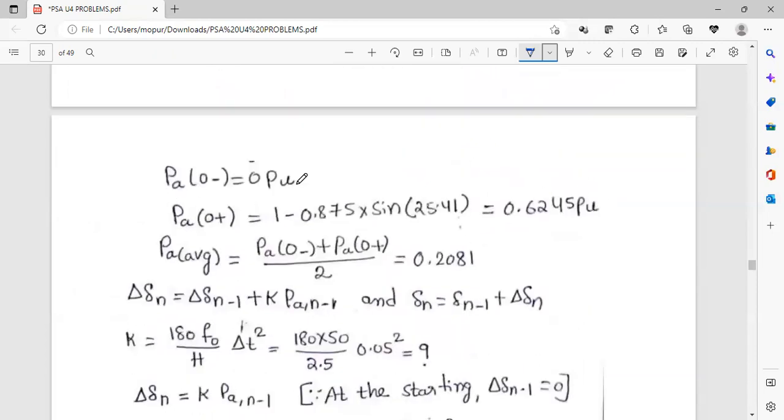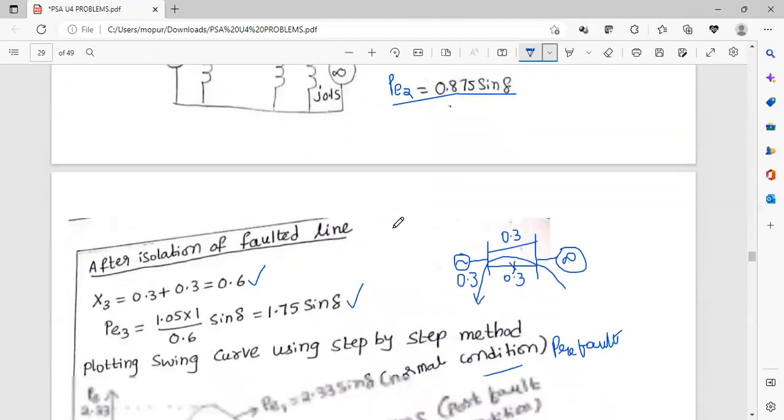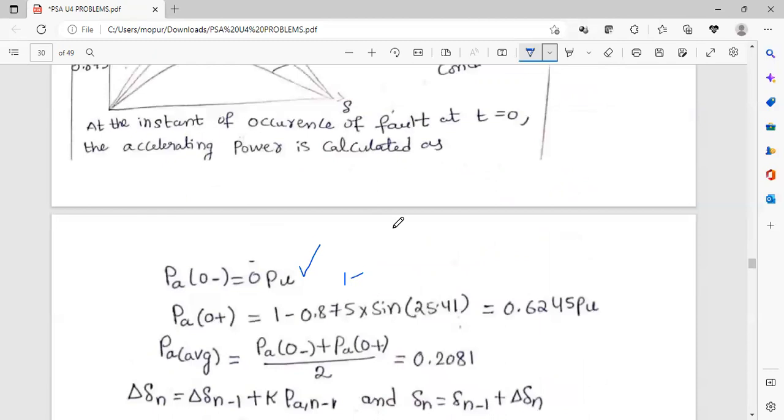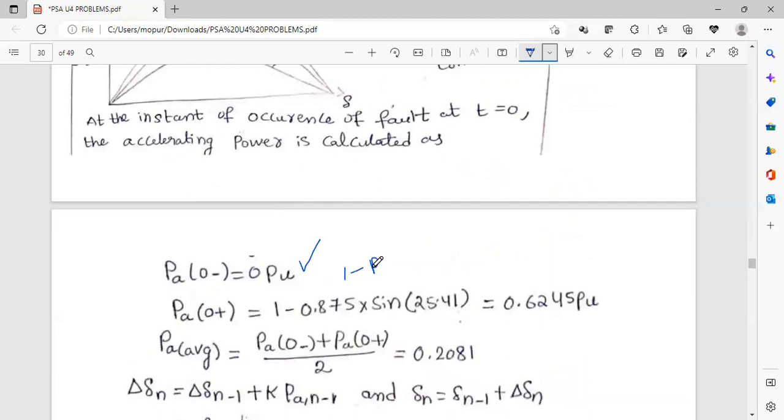First, PA of 0 minus will always be 0 per unit. PA of 0 plus is actually 1 minus 0.875. What is this 0.875? If you observe, 0.875 is PE2 max sin del naught.